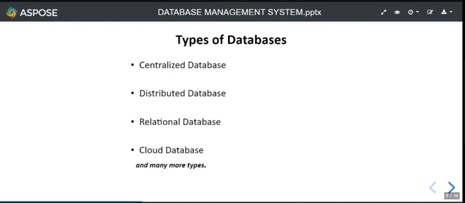A relational database uses SQL, that is structured query language, for storing, manipulating as well as maintaining the data. Dr. E.F. Codd invented the relational database in 1970. Each table in the database carries a key that makes data unique from other data. Examples of relational databases are MySQL, Microsoft SQL Server, Oracle, and similar ones.